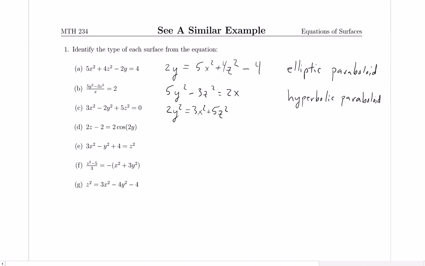This is one of our standard forms. We have one variable on its own side of the equation, and the other two variables on the other side. All three variables are squared. All three have positive coefficients. So this we should recognize as the equation for a cone.